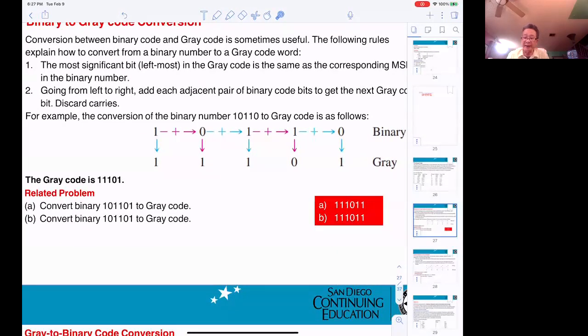Then you add 1 to 0, you get a 1. Then you add 0 to 1, you get a 1. You add 1 to 1, you get 0, no carry. Then 1 added to 0, you get a 1.